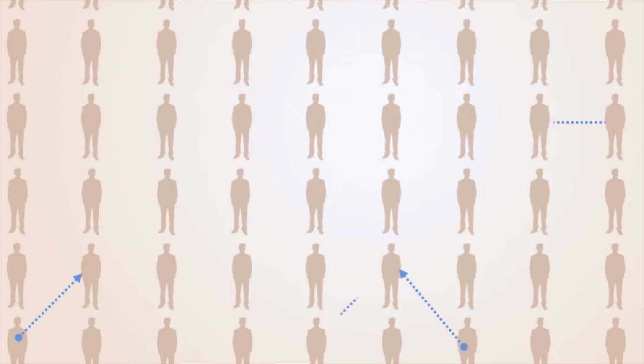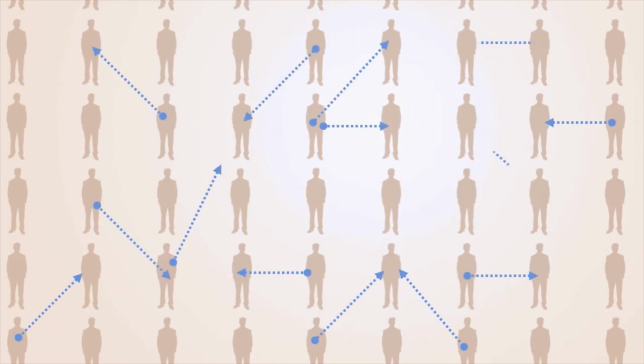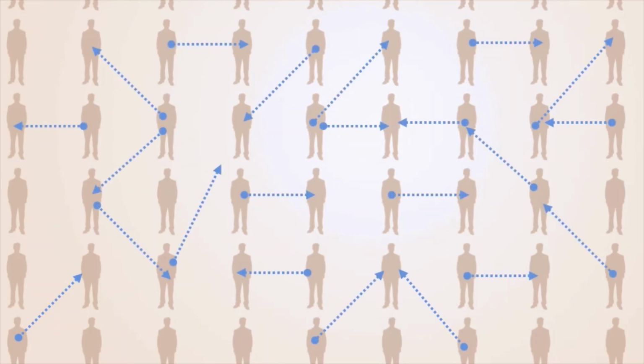But with the rise of the internet, and particularly online social networks, this is all changing. We're going from a limited amount of randomly selected historical data on individuals to a mass of real data about the connections between people. And this big data is set to revolutionize our insight into human interaction.